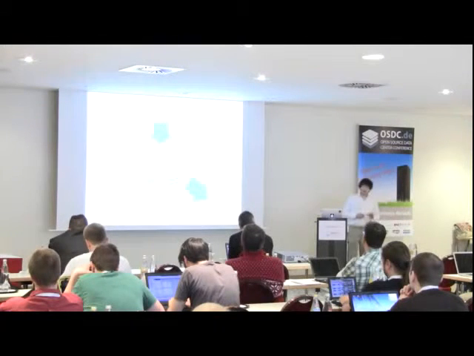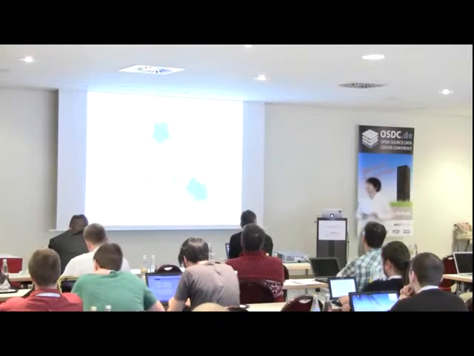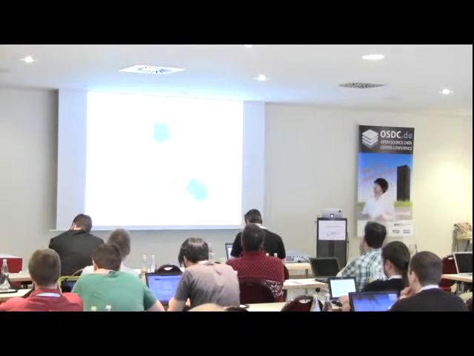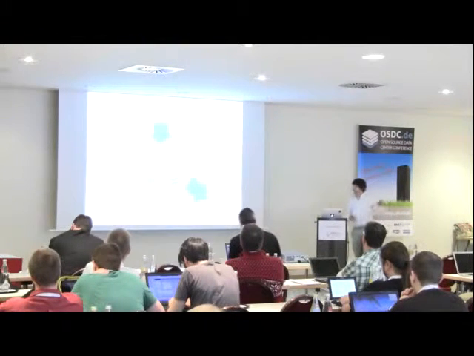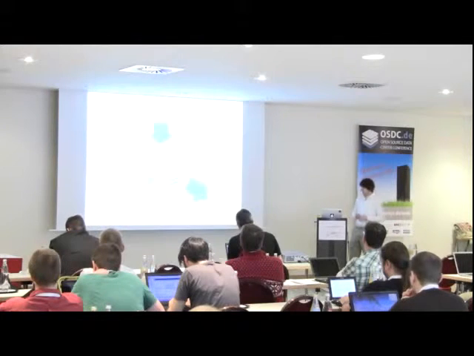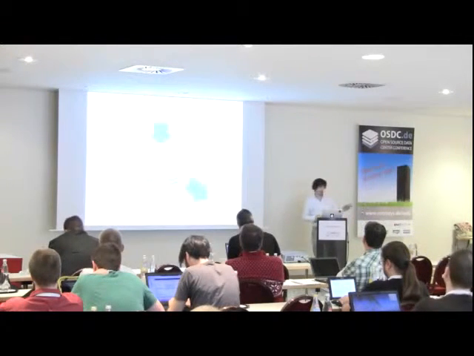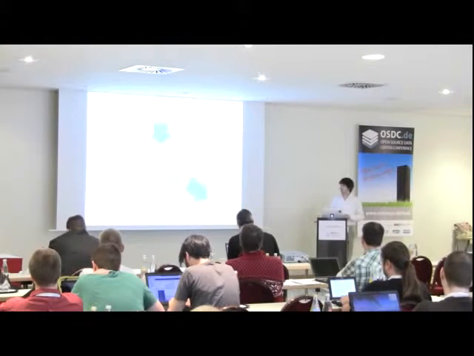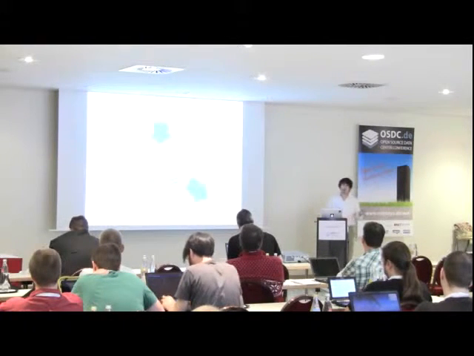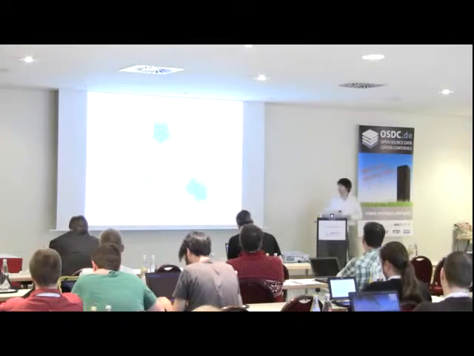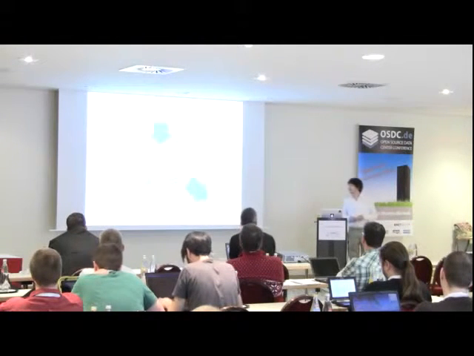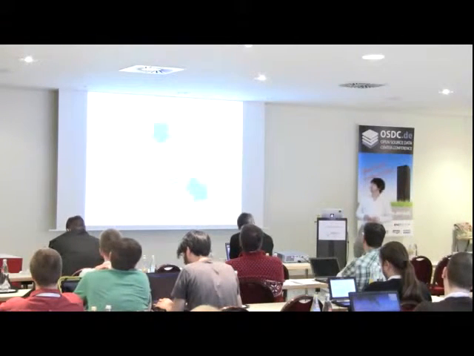Okay, so with OpenNebula you can build a private cloud if it's only about your data center or physical infrastructure not being devoted to external users. You can turn this into a hybrid cloud if you use some of the OpenNebula hybrid cloud adapters to be able to interface with public cloud services like Amazon or Elastic Hosts.